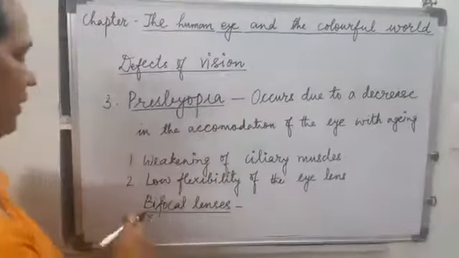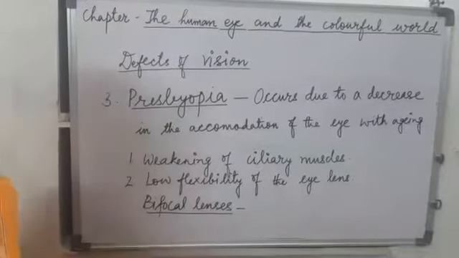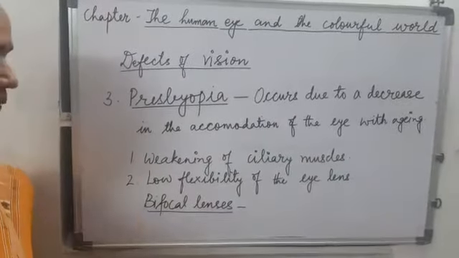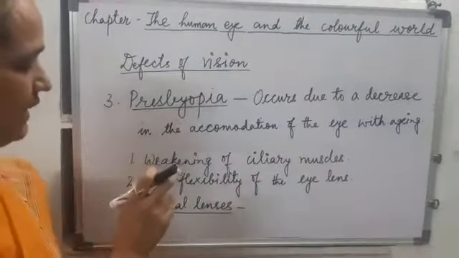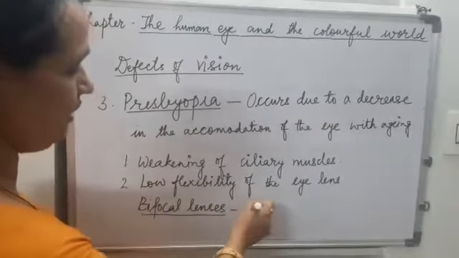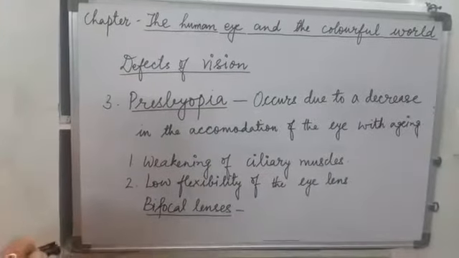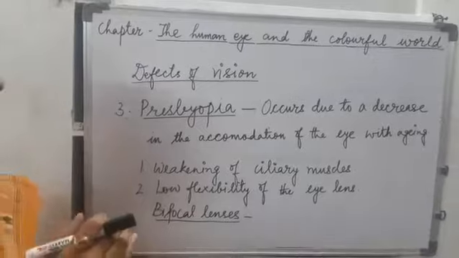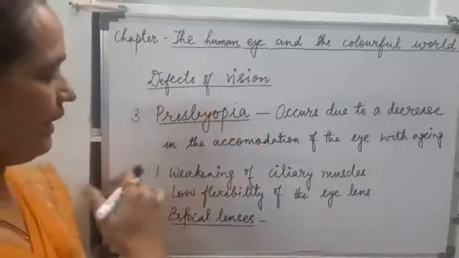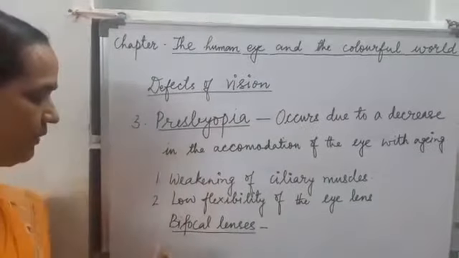A person can wear bifocal lenses in his or her spectacles, where the upper portion of the lens has a concave lens and the lower portion has a convex lens. The concave lens helps in distant vision, and the convex lens helps in near vision.